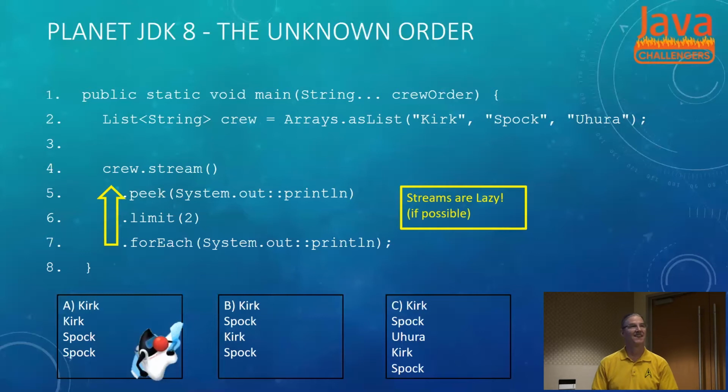Actually, it limits the whole thing to 2 elements from that list. So Kirk is there, and since it's lazy evaluation, it brings Kirk again because it's doing the forEach loop, that print line statement, and then going to the next element, Spock. So that's basically how it works, but it's hard to see from here.